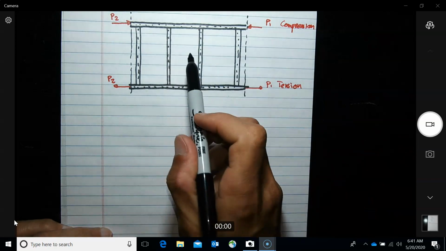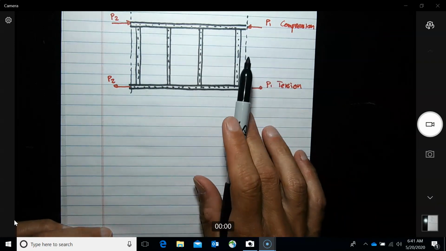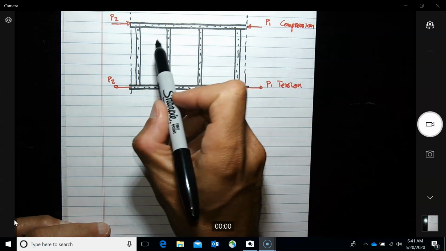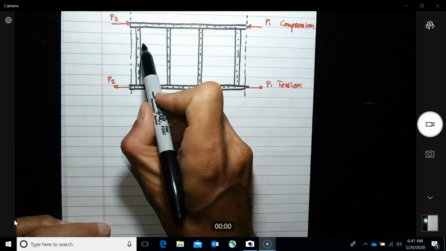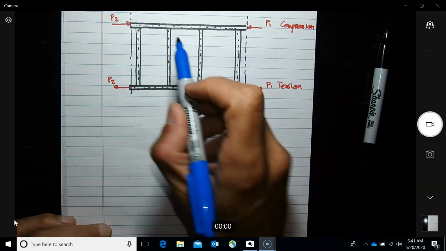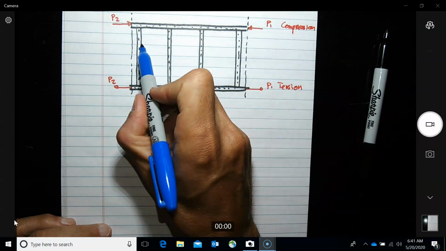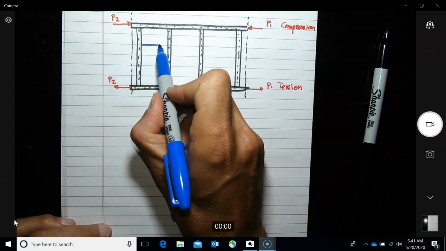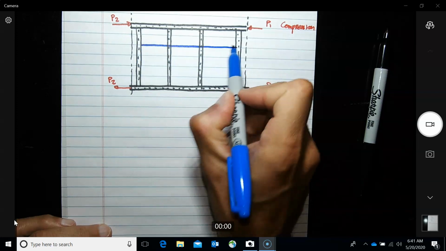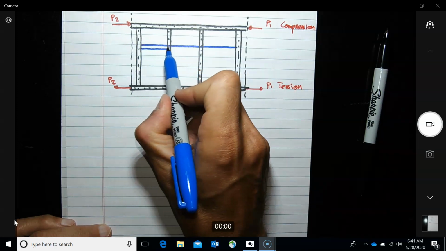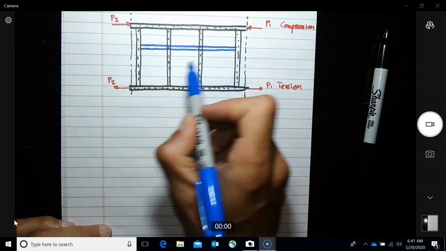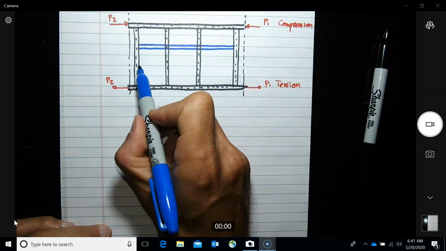Okay, let's say we want to create a cutout here in the middle. So let's say we're going to add here a frame, a stiffener. So let's add one over here and another one here.